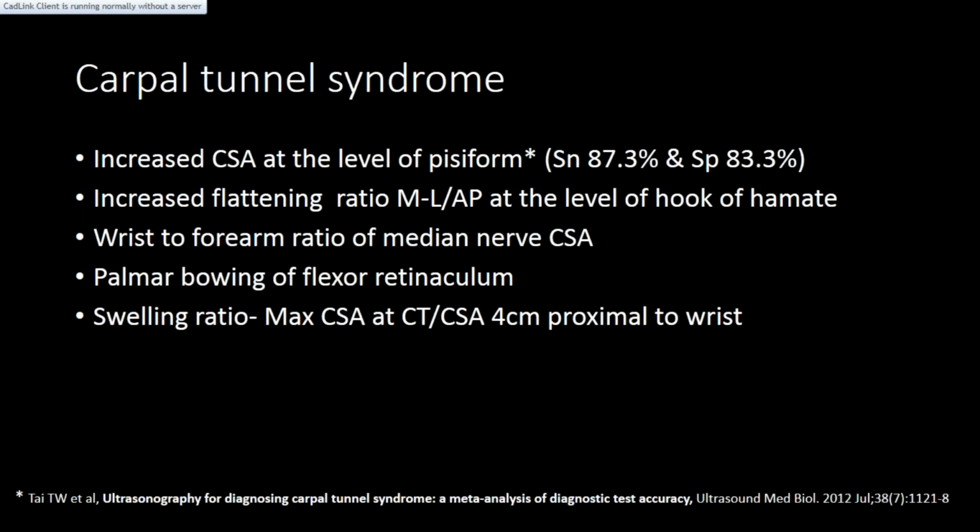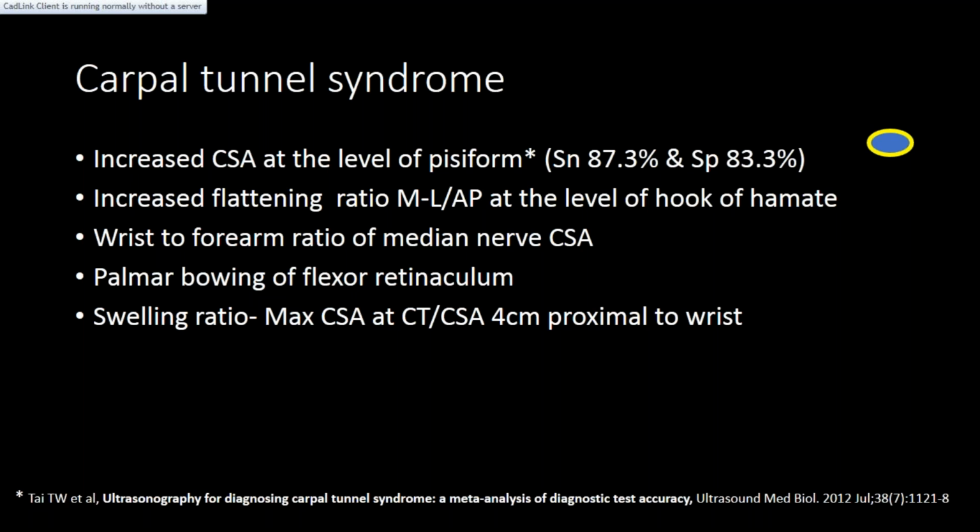Now let's look at the most common site of entrapment, which is carpal tunnel syndrome. There are several measurements that we can use to find if there is any compression or entrapment of the nerve or not. The first one is increased cross-sectional area at the level of the pisiform, and that's the single sonographic measurement with the highest diagnostic accuracy.